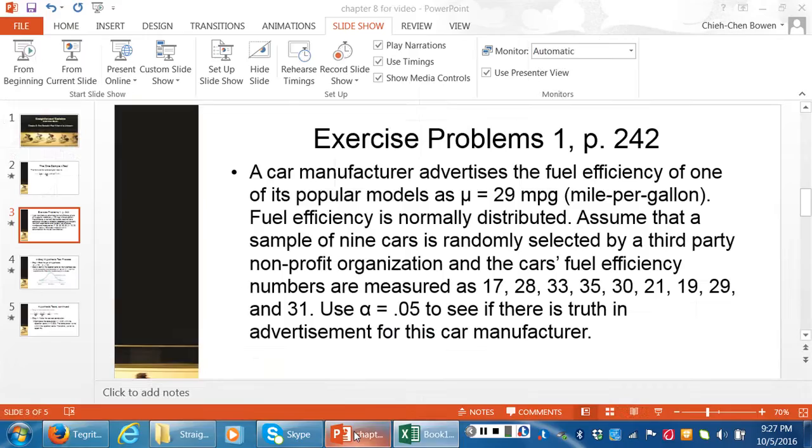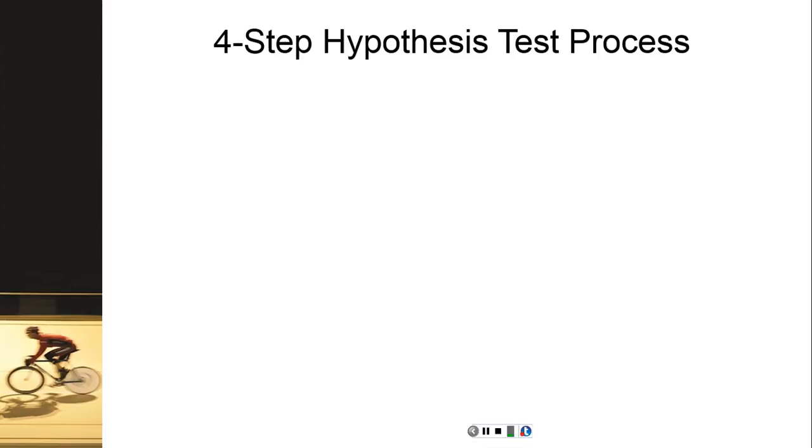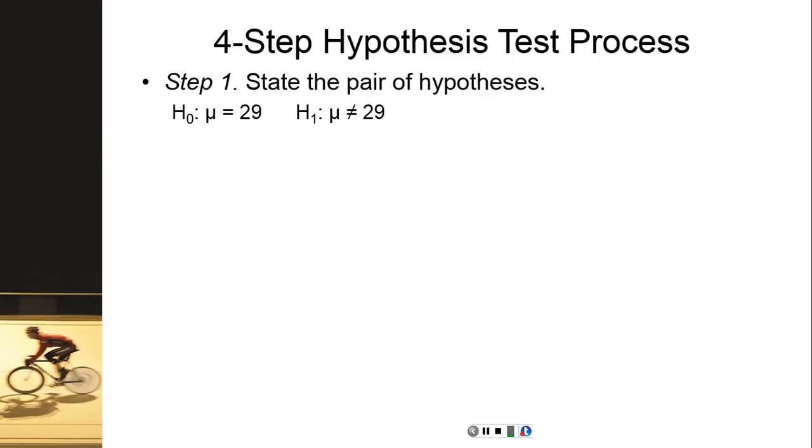Let's go back to the question. Because we are required to use alpha equals 0.05 to do a hypothesis test to see if there's truth in the advertisement for the car manufacturer, we follow the 4-step hypothesis test process.